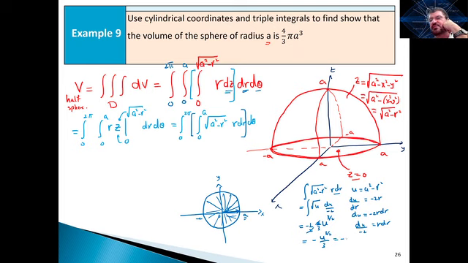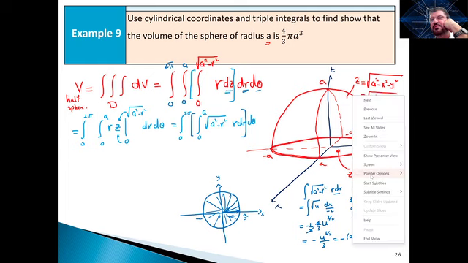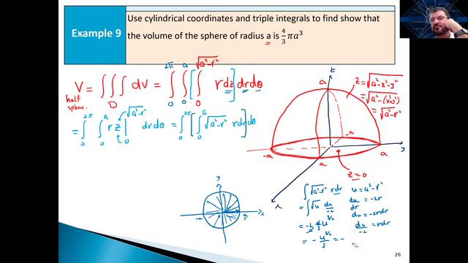U is A square minus R square. So this is equal to negative A square minus R square to the power 3/2 over 3. That's the answer. So I'm going to copy it here.